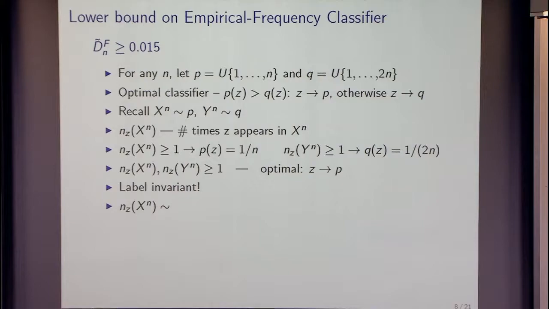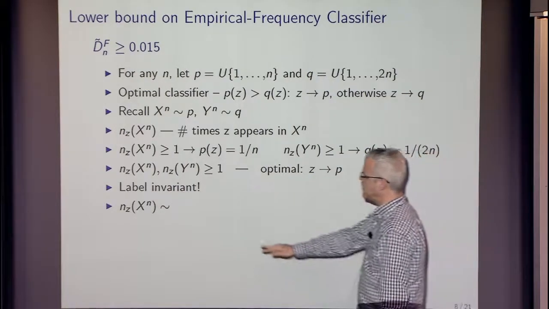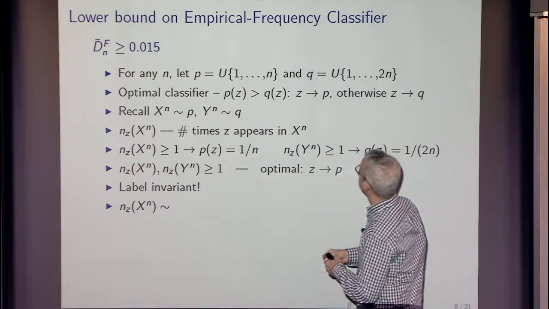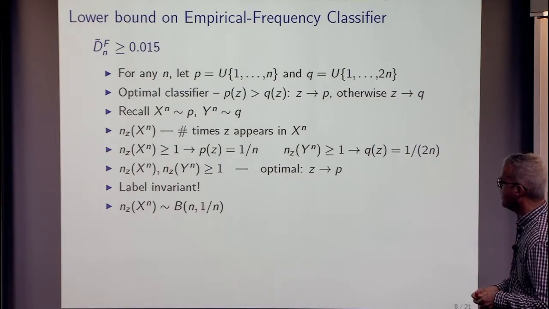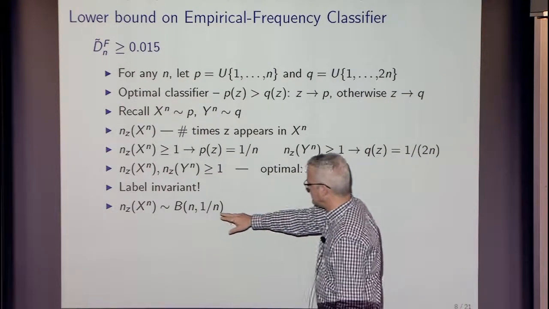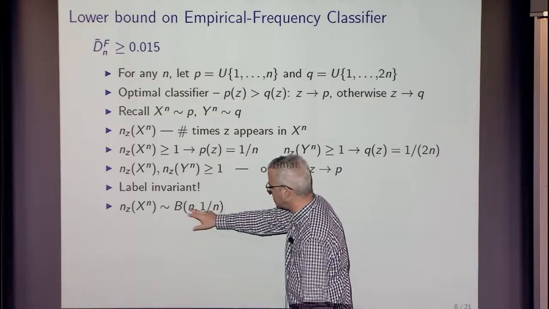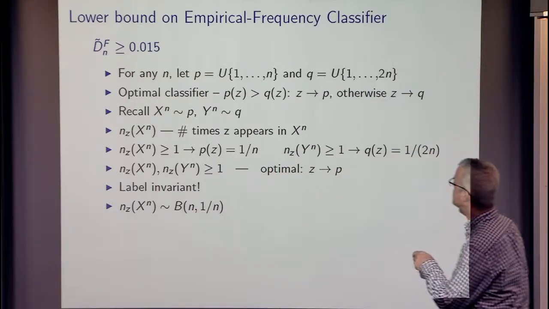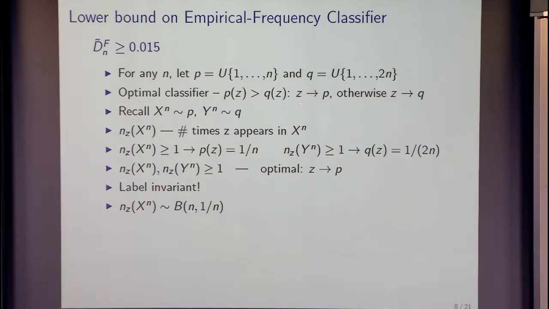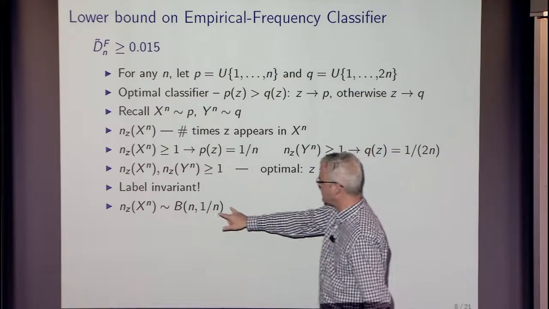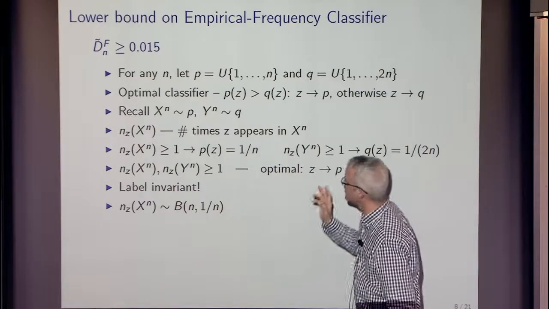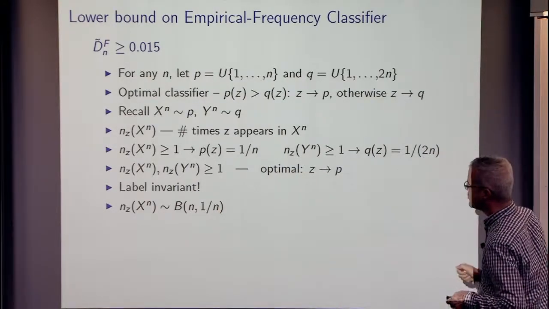Okay. So how many times will z appear in X^n? It is distributed binomial of n and 1 over n, right? Because z is some number that is generated randomly.